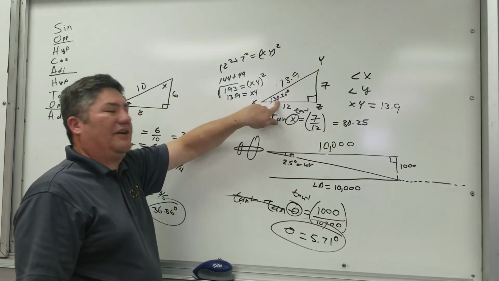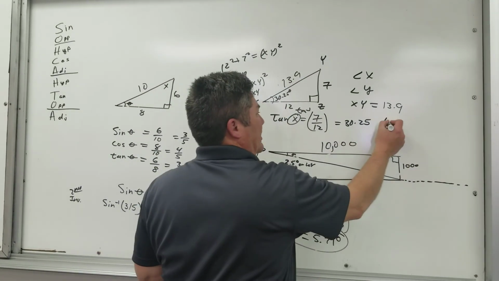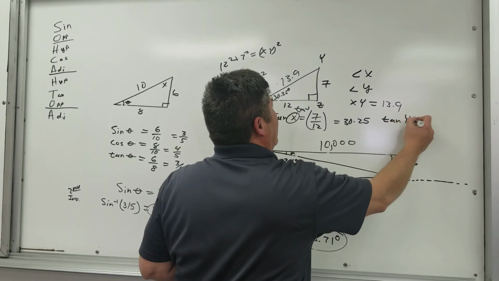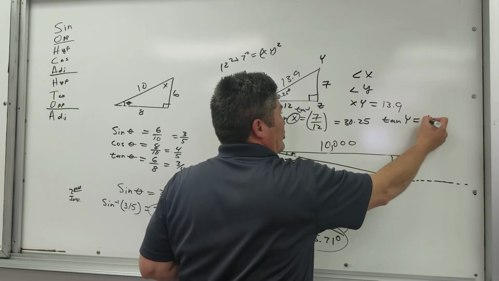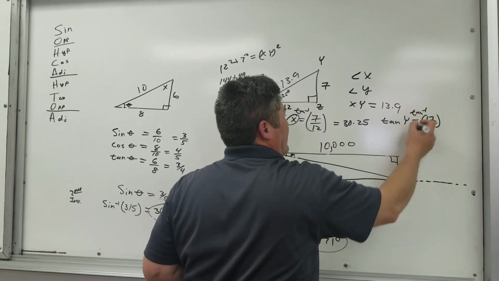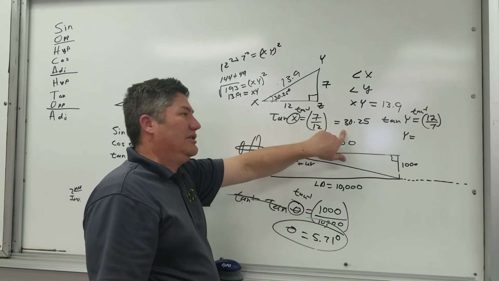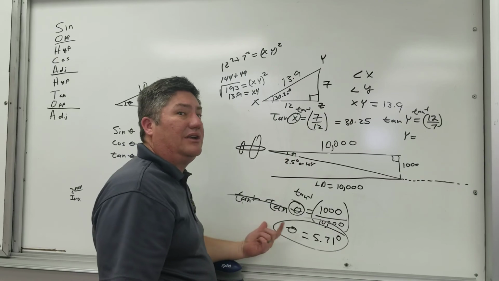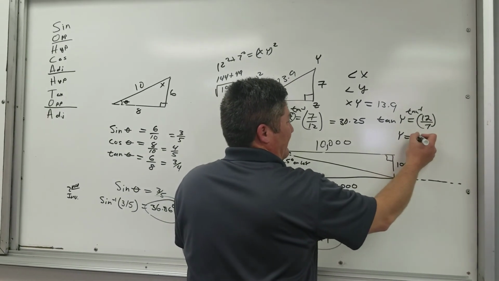A couple ways to get y. I could just subtract that from 90 because it's got to be the complement. Or I could just do the tangent again of y, because I know opposite over adjacent. I'm going to do 12 divided by 7 this time. Do the tan to the negative 1 of that. And y will be 59.75.